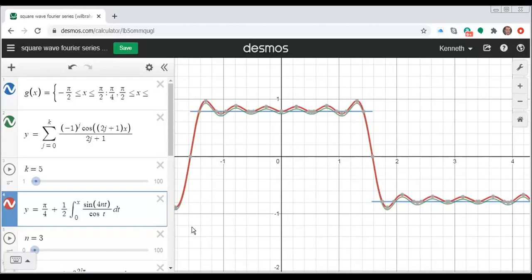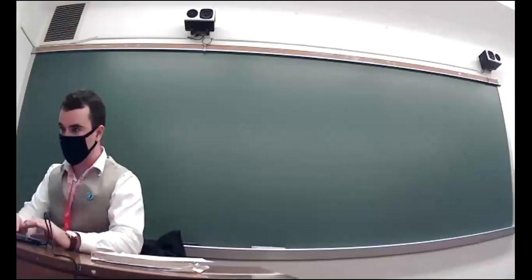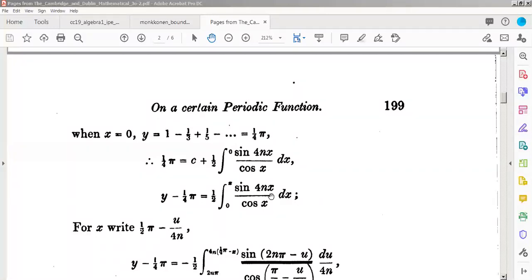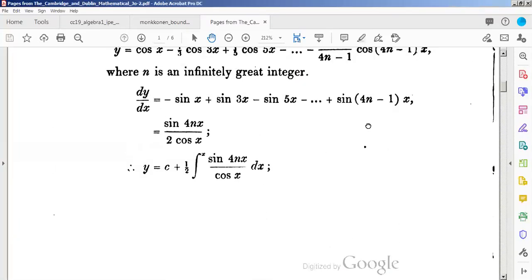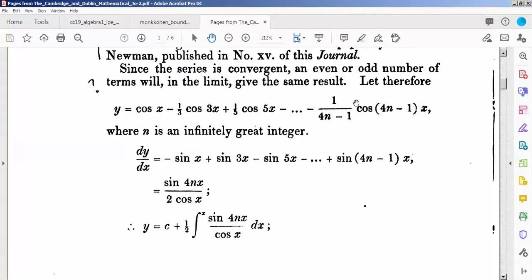And now let's return back to the paper. So I just showed you the graph of this equation and compared it to the graph of the original y sub n.